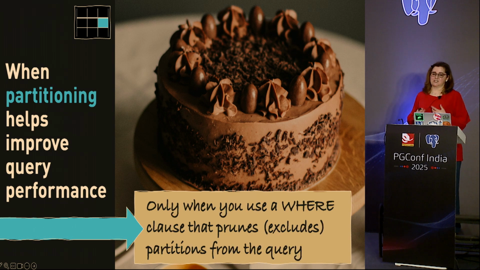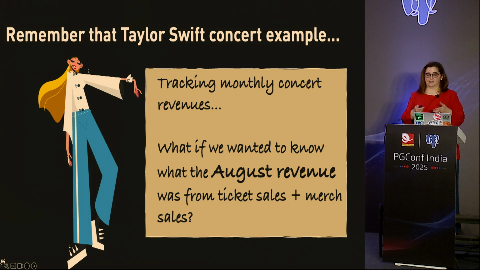Well, it's pretty similar with partitioning. Partition pruning cannot benefit you if your query isn't smart enough to narrow itself down to the right subset of partitions. So there has to be a where clause in that query that contains some kind of conditional on the partition key, so that all the other partitions don't need to be scanned.